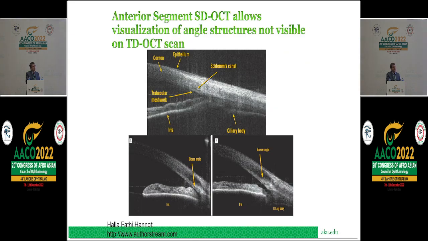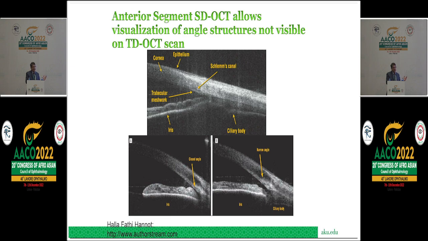Now, in the anterior segment, we tend to focus more on the angle with glaucoma. However, if you have this capability, you can look at the cornea and you can look at the iris, etc. The problem, of course, is because there is light, it does not penetrate the iris, right? So it is not as good as ultrasound biomicroscopy, which uses ultrasound to look at the ciliary body or what is behind the iris. But looking at the actual angle structures, the anatomy is quite useful.